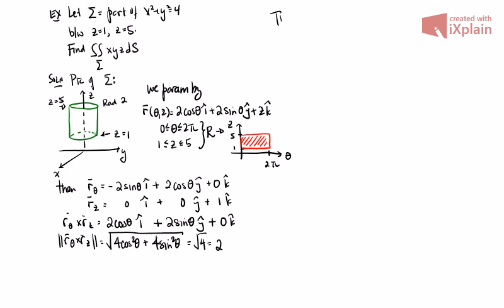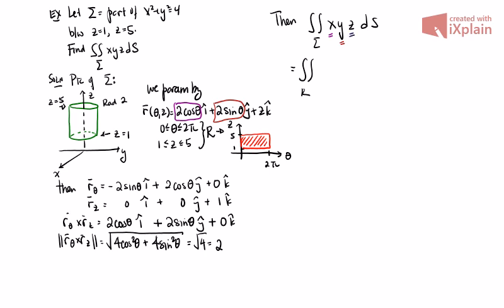So then what happens? This is nice to have more space here. The integral over sigma of xyz ds becomes the integral over r. So now x and y and z, let me color code all this. The x gets replaced by the i component right there. The y is replaced by the j component right here. Those are kind of similar colors.